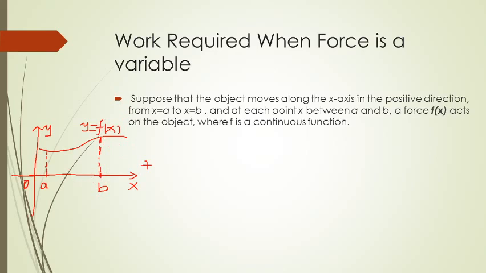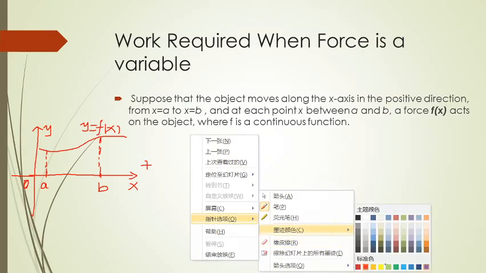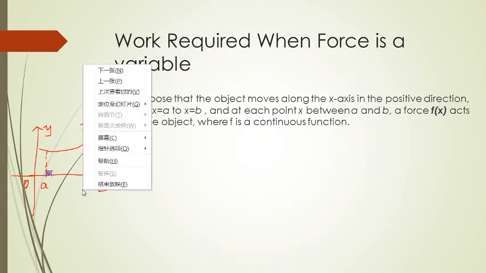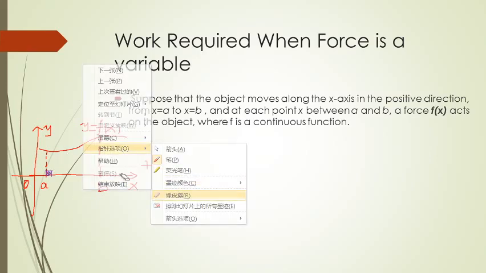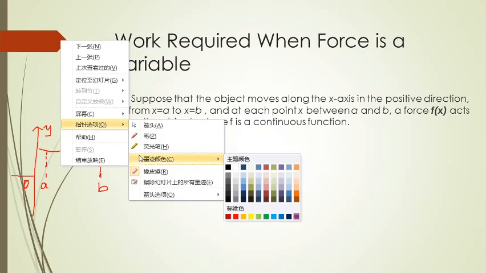So here A is the starting point. It can be like the moving of this object, the object starting from here. And in the ideal situation you can abstract your object as a point.